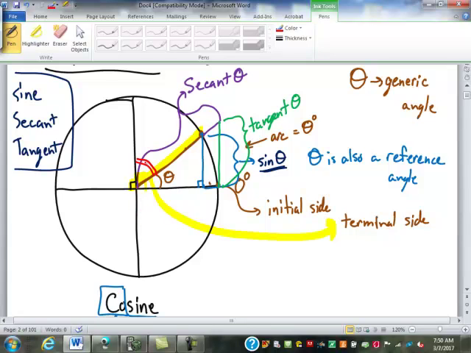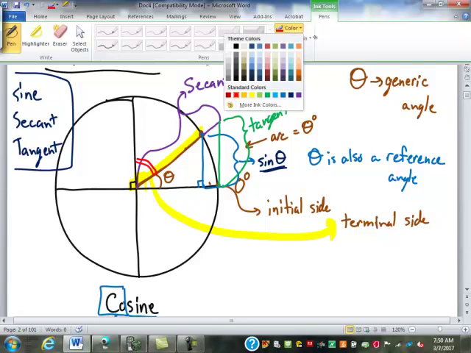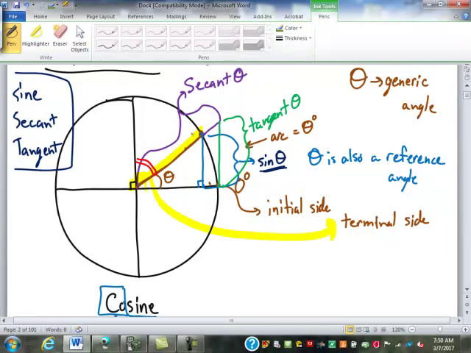So if that's the angle we're looking at, we would use this vertical reference, and this right here would be the sine of that complementary angle. That length right there is the cosine of theta.